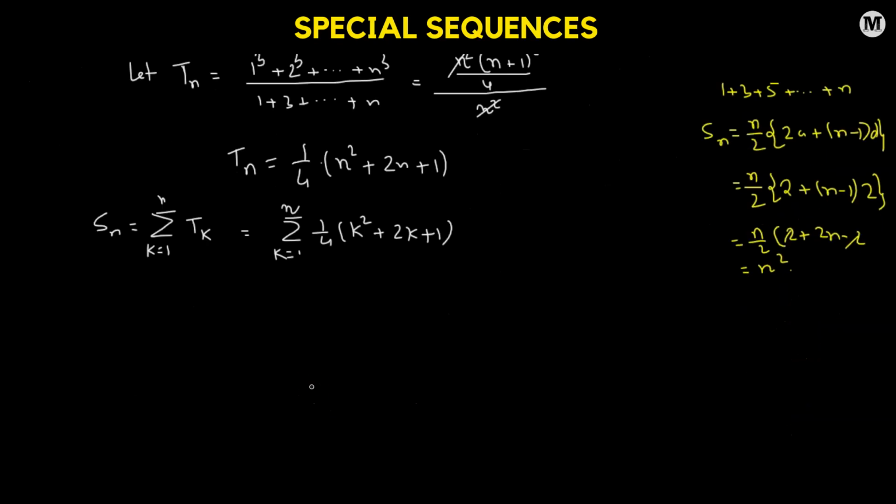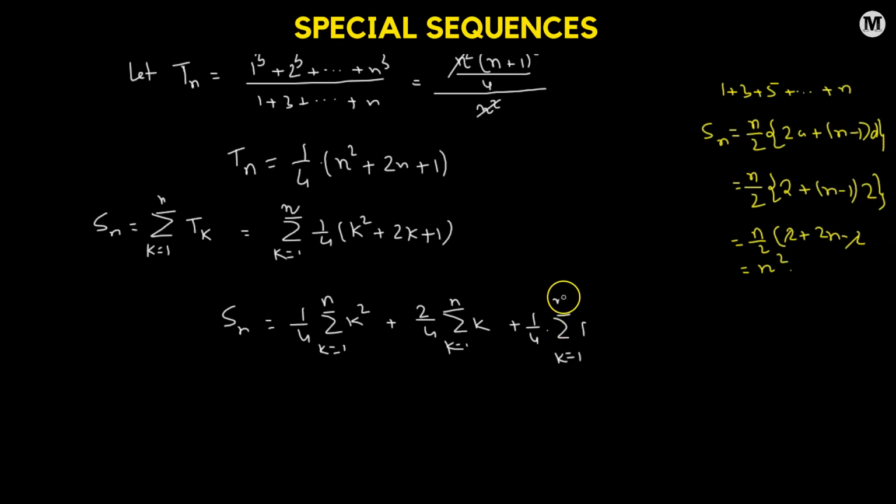Okay, so let's find the sum. The sum Sn comes out to be 1 over 4 multiplied by the summation of k squared, k running from 1 to n, added to 2 over 4 multiplied by the summation of k, k running from 1 to n, added to 1 over 4 multiplied by the summation of 1, with k running from 1 to n.